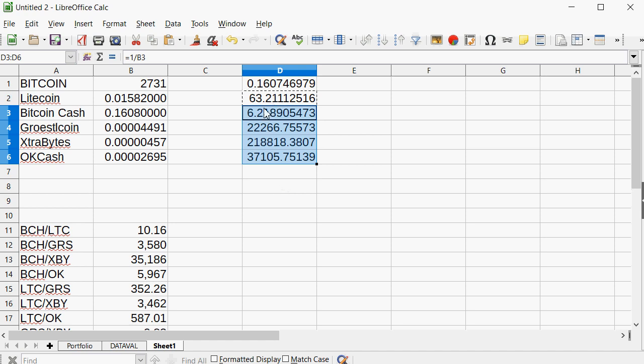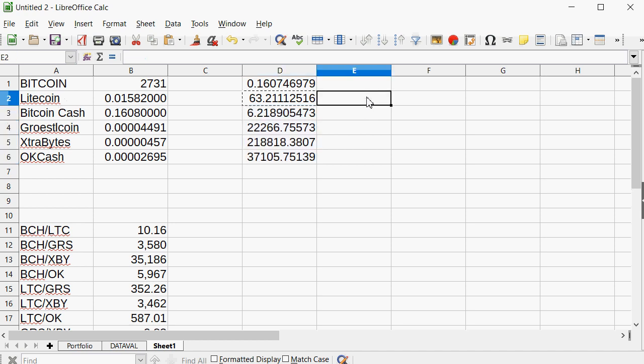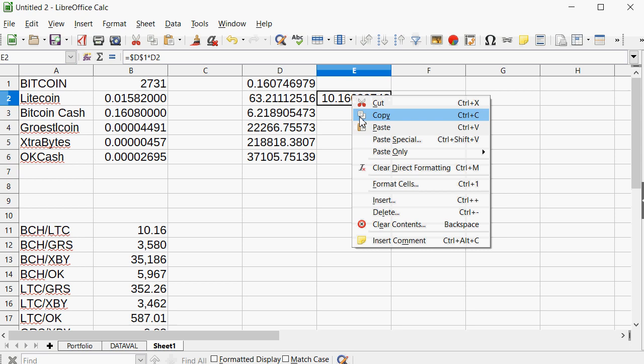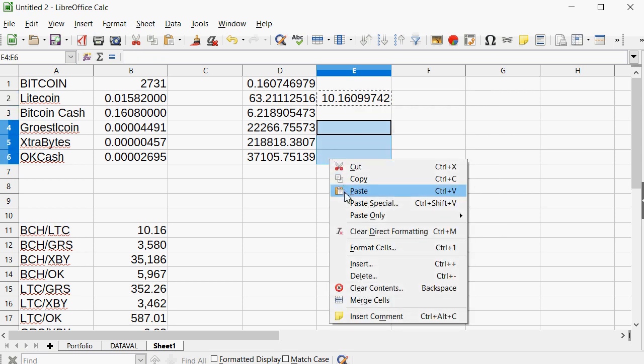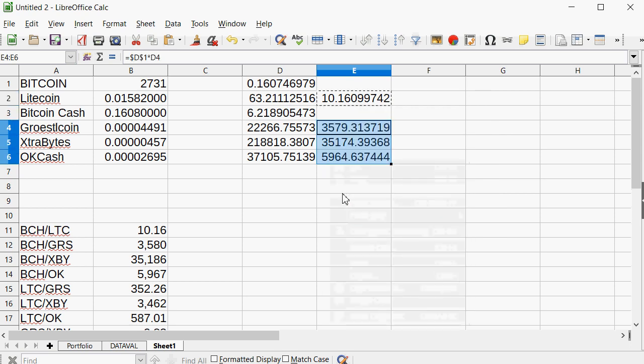So if I'm going to take 16% into this, I'll go equals, and we'll use the dollar sign again for D1 and multiply it by this here. So I'll buy 10.16 Litecoin. I've already got Bitcoin Cash, so I wouldn't need that. And I'll paste it down along the way.